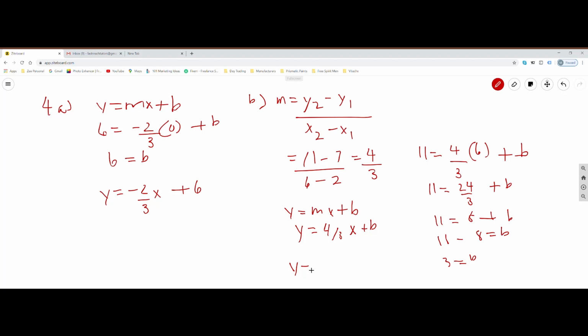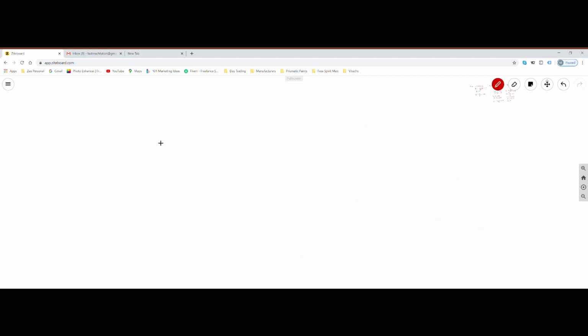Y equals 4 over 3x plus 3. Since the slope is in fraction form, we should multiply the whole equation by 3. So 3y equals 4x plus 9. So let's look at the next one.